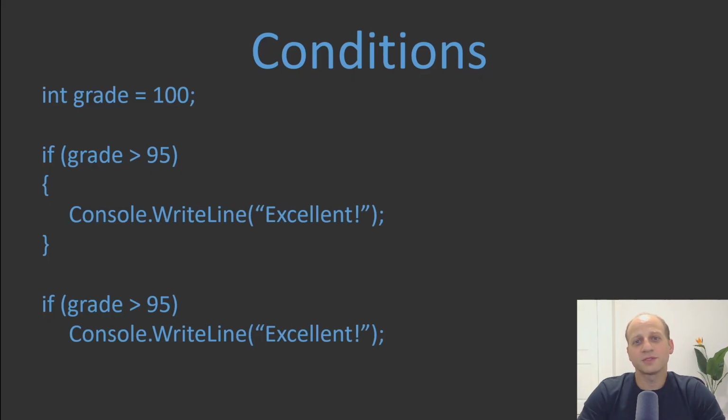Now, sometimes we need to make decisions during the execution of our program, and based on the decision, we should execute some code. In order to make a decision which code to run, we have a special command named if, which runs a block of code if its condition is evaluated to true. The if command contains the if keyword and then the condition in parentheses.